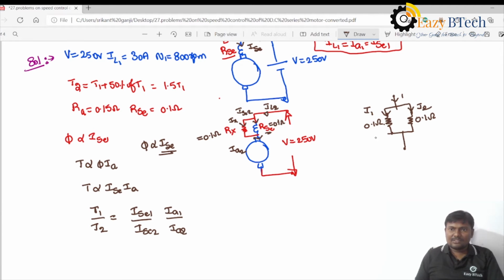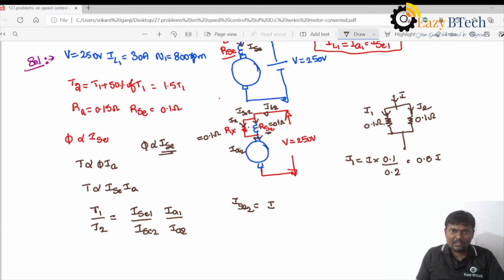Let us assume the total current is I. So I1 is equal to total current into opposite resistance by total resistance, 0.1 plus 0.1, that is 0.2. Then I got it as 0.5 into I. So you apply the current division rule for this.